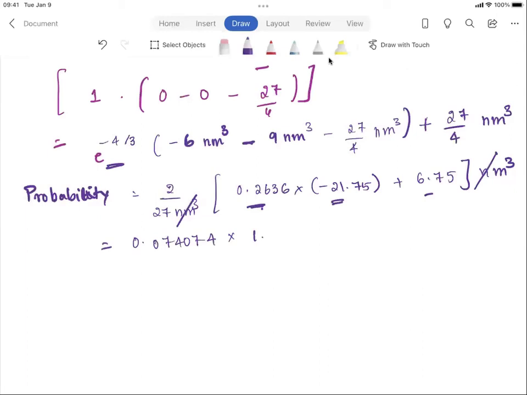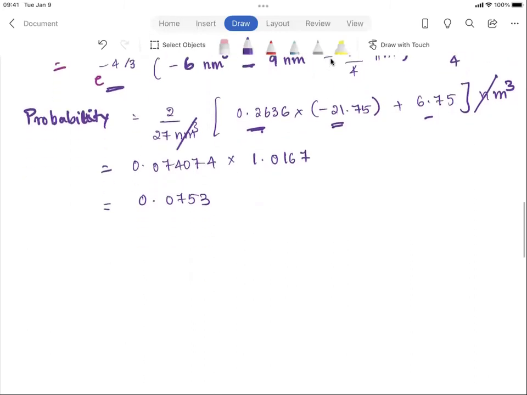So I will have 1.0167 approximately. So the probability is going to be 0.074074 multiplied by 1.0167. It's going to give me 0.0753.